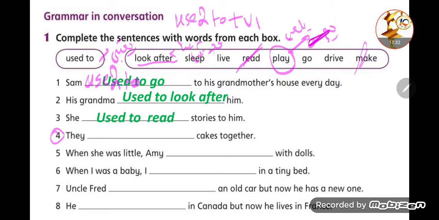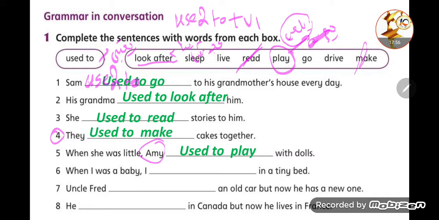But here it means to play. When she was little, Amy used to play with dolls. She was used to playing with her toys.